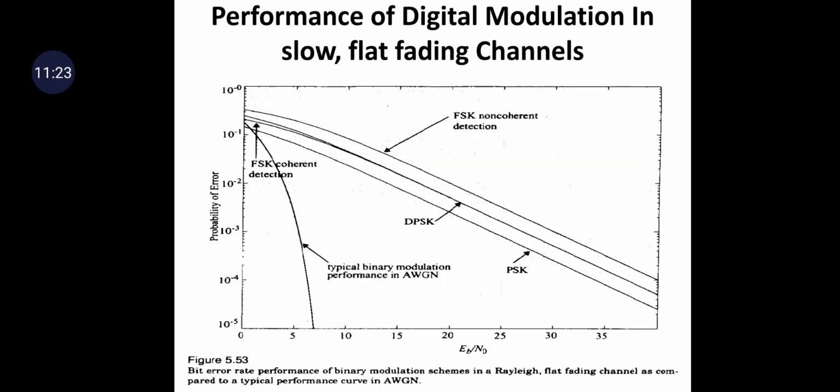This is the waveform that indicates the performance of digital modulation in slow flat fading channels. Here the performance of FSK coherent detection, FSK non-coherent detection, DPSK and PSK are shown in the diagram.